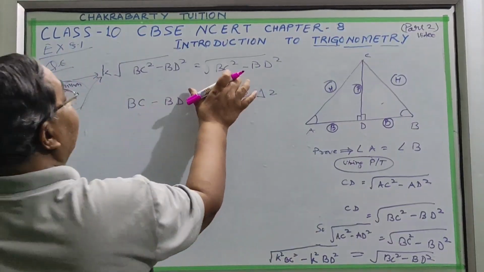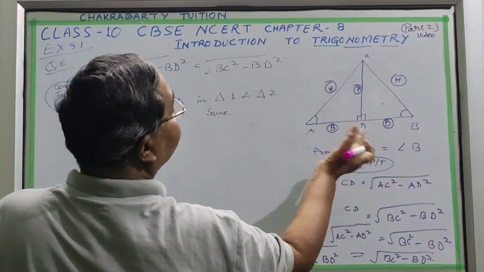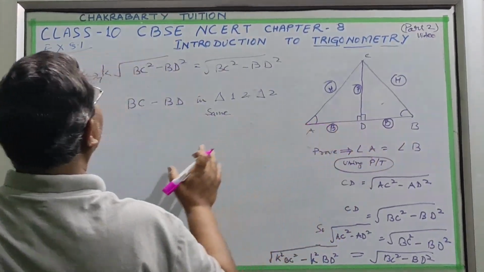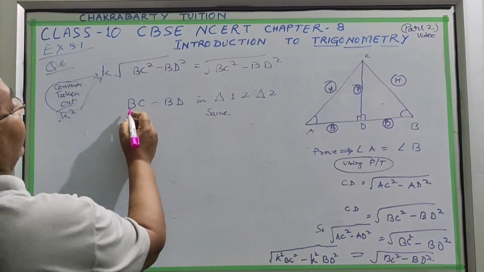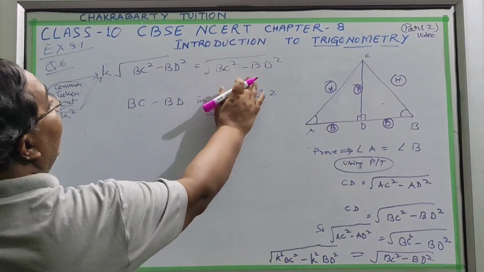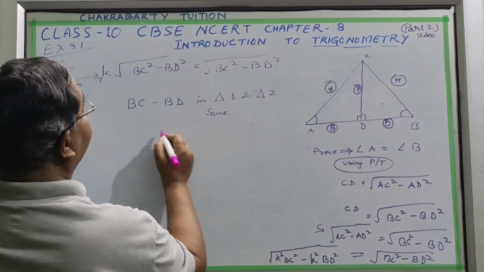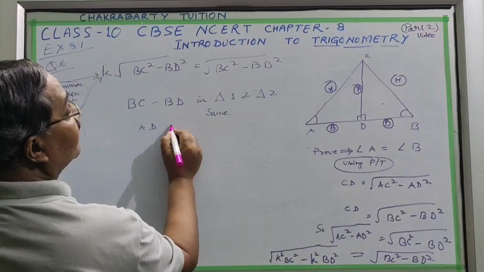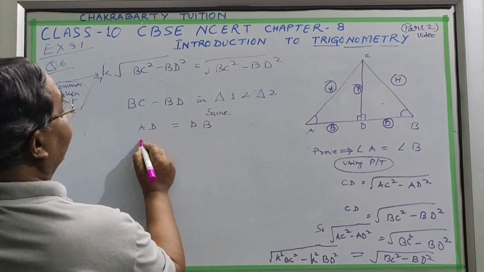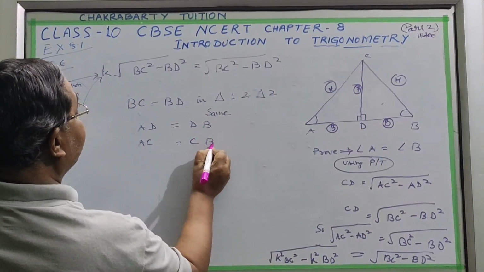So if this is same, means BC and BD in both it is same. So it means DB and AD will be same. In triangle 1 also it is same, and in triangle 2 also it is the same thing. So it means AD will be equal to DB and AC will be equal to CB.